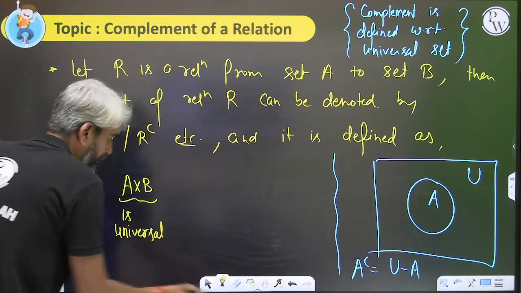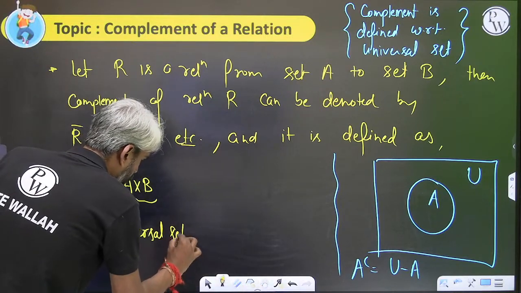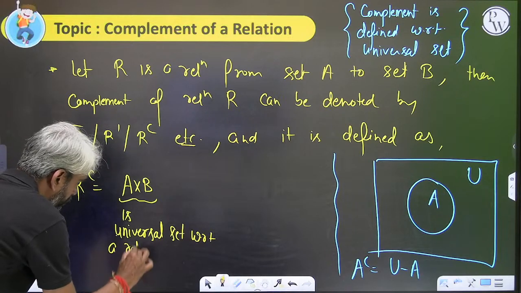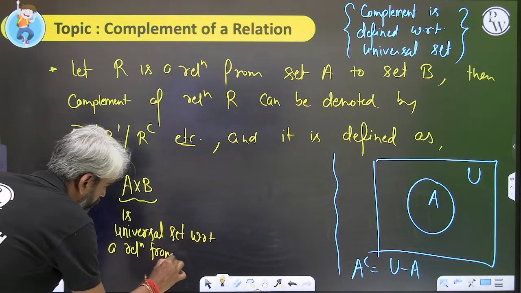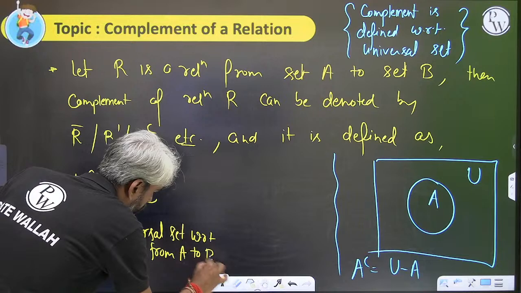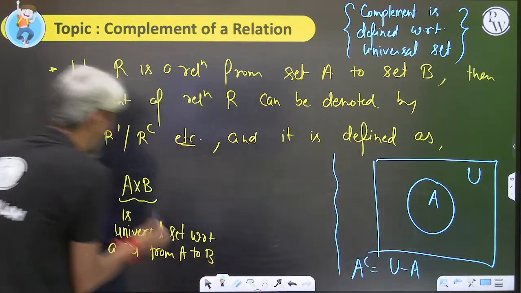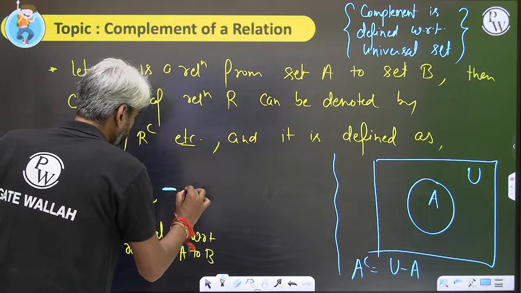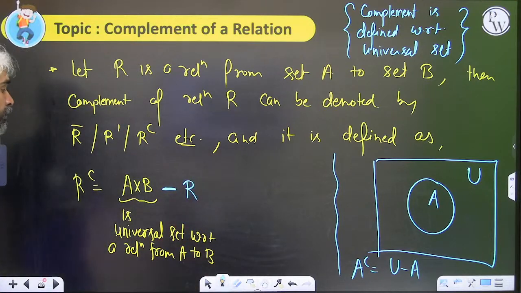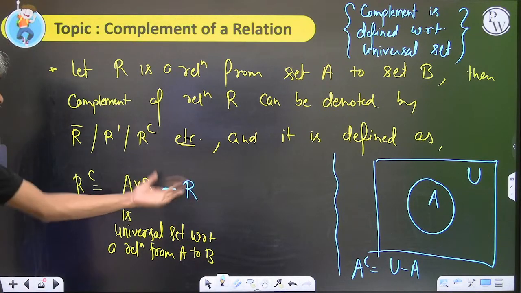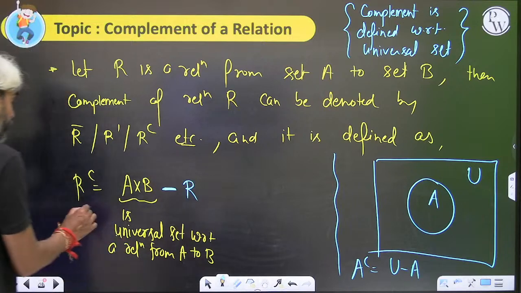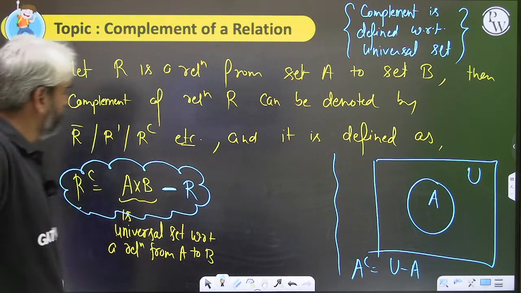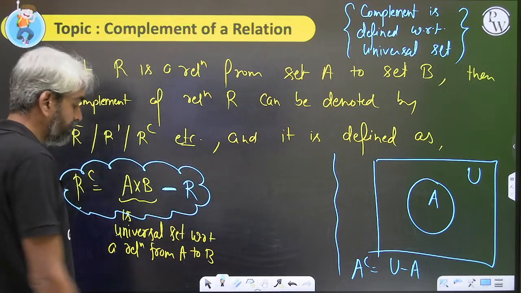With respect to the relation, all the ordered pairs of A cross B except the ordered pairs of relation R will form the complement of relation R.